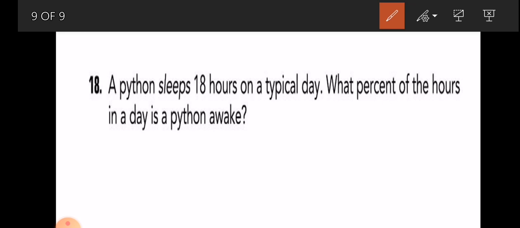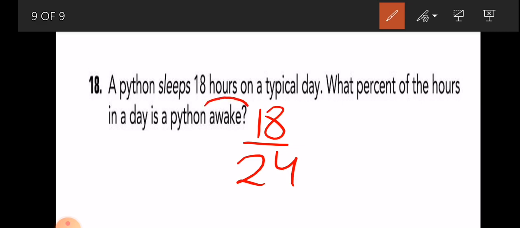What is the total hours of the day? They are 24. So it's 18 out of 24. This is the number of hours the python sleeps.